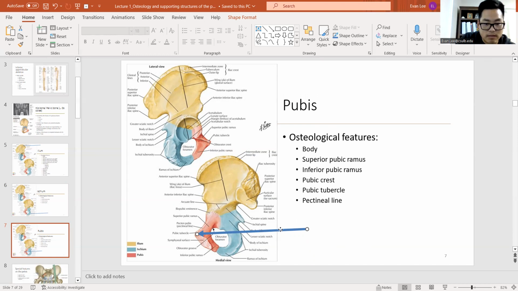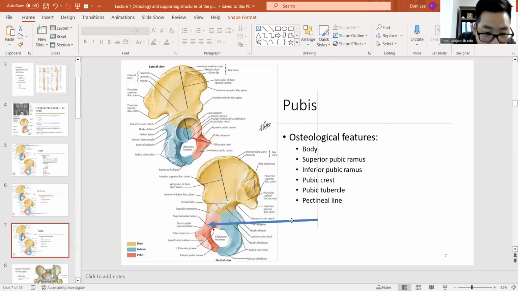The pubic tubercle is right over here. Right next to it, it looks like it doesn't have it labeled, but right over here, along that upper edge next to the pubic tubercle, is the pubic crest. Then you also have the pectineal line, which is very close to it. The pectineal line will be right over there as well.